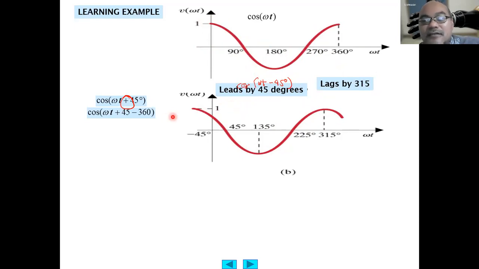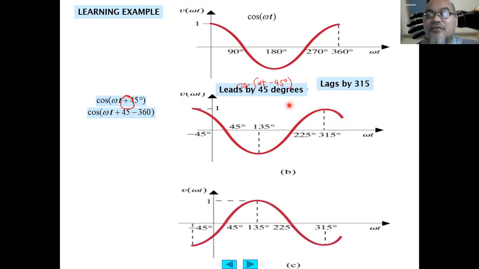If we want to say it by lagging from the previous wave, we just add this phase angle with minus 360 degrees. The result is 315 degrees. So this wave is basically lagging the first wave by 315 degrees. Okay, so it is two ways of expressing the same signal.